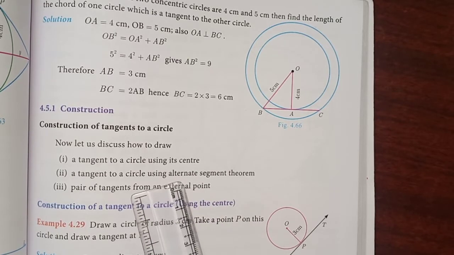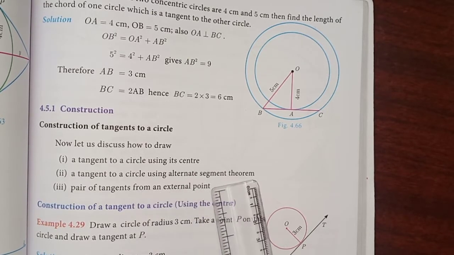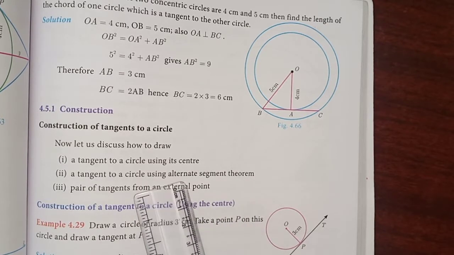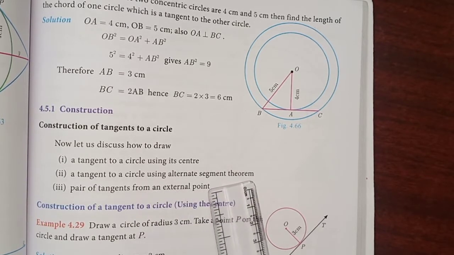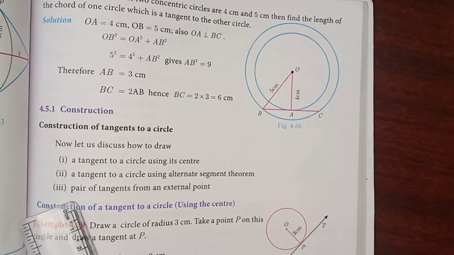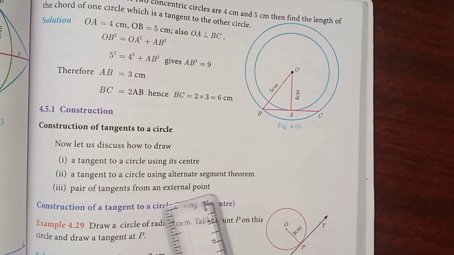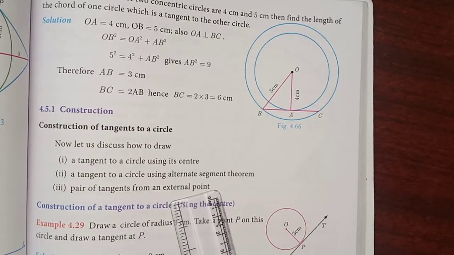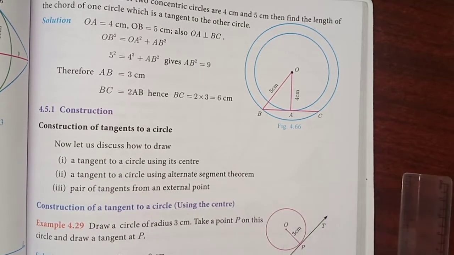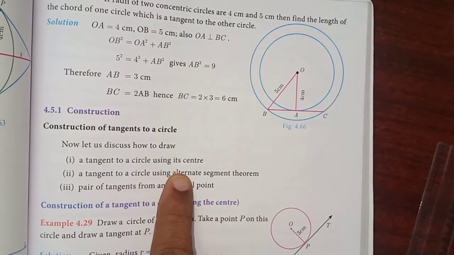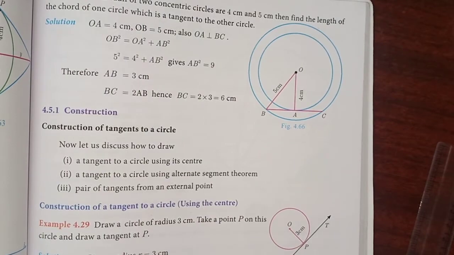Sometimes it may be given using tangent chord theorem, both same only, alternate segment theorem or using tangent chord theorem. And the third one, construction of pair of tangents from an external point to a circle. Three different types. Now we can go for the first type, a tangent to a circle using its center.